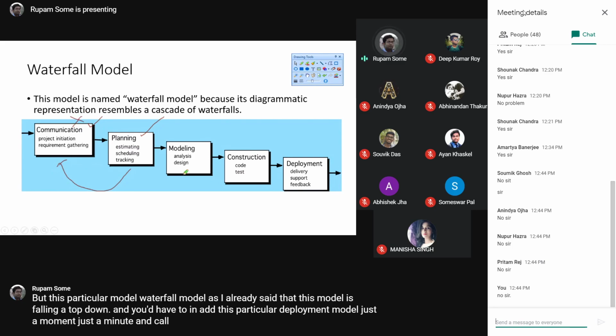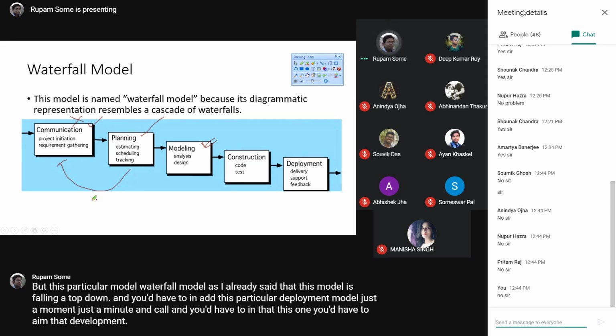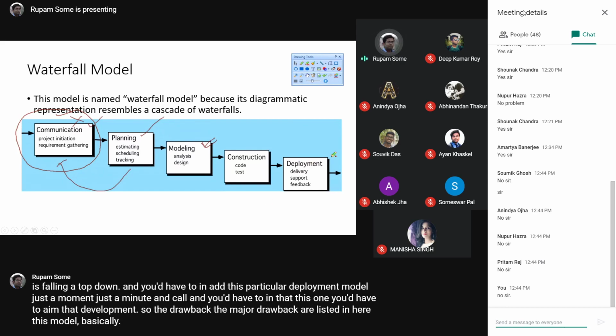Why is it a disadvantage? Because while you are modeling, while you are creating a design, if the client generates a new requirement, then you would say it is not possible. That's because the requirements that you clarified in here are already frozen. So I will not be able to backtrack. You would have to consider the newly coming requirement after the development phase, the deployment phase is over.